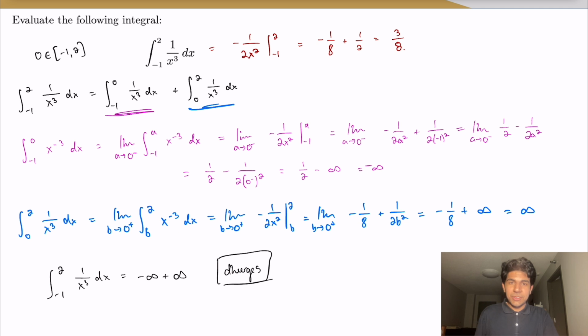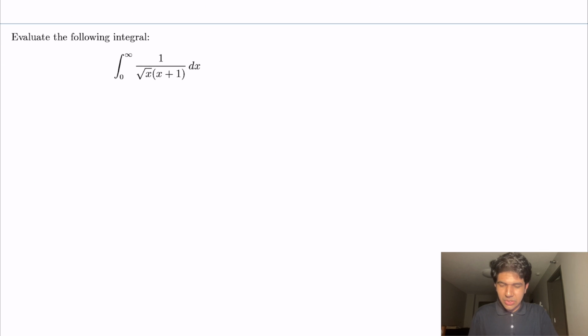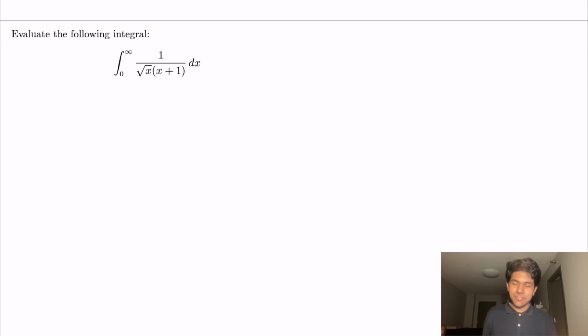Let's do one more example so it sits comfortably with us, and then we'll call it a day. So we have the integral from 0 to infinity of 1 over the square root of x times x plus 1. So as I just said, the first thing we should be thinking is, hey, is there a way for our denominator to be equal to 0? And the answer is yes.